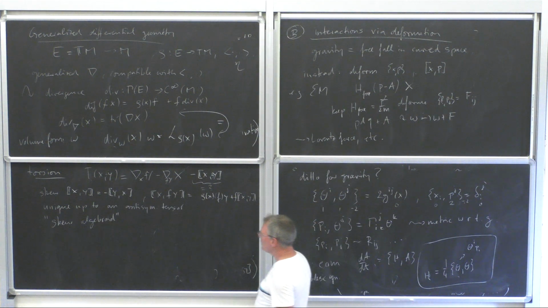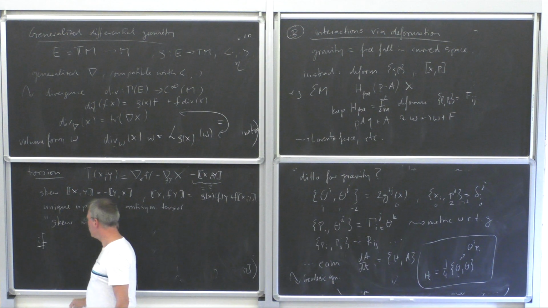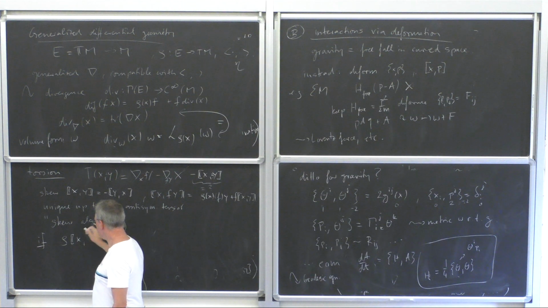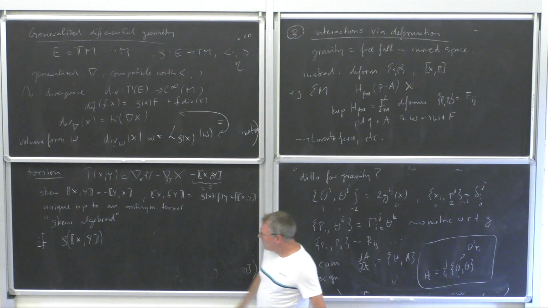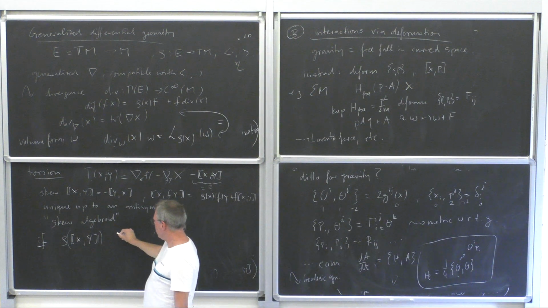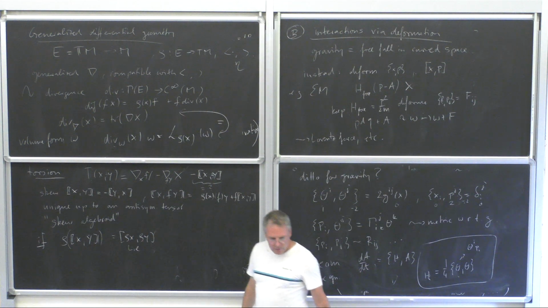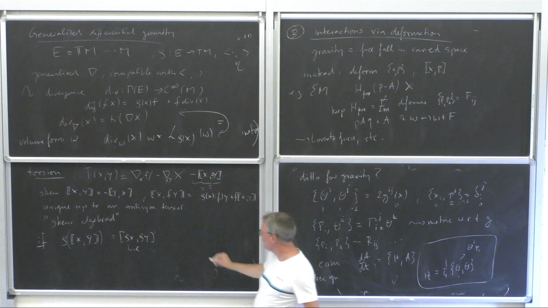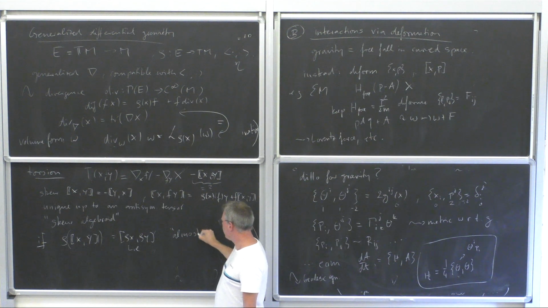You can add some additional structure, which I don't want to do actually, but I want to mention it. If in addition this skew bracket is compatible with the anchor map, in the sense that you can pull it inside and get the Lie bracket, in that case the whole thing is called an almost Lie algebroid.